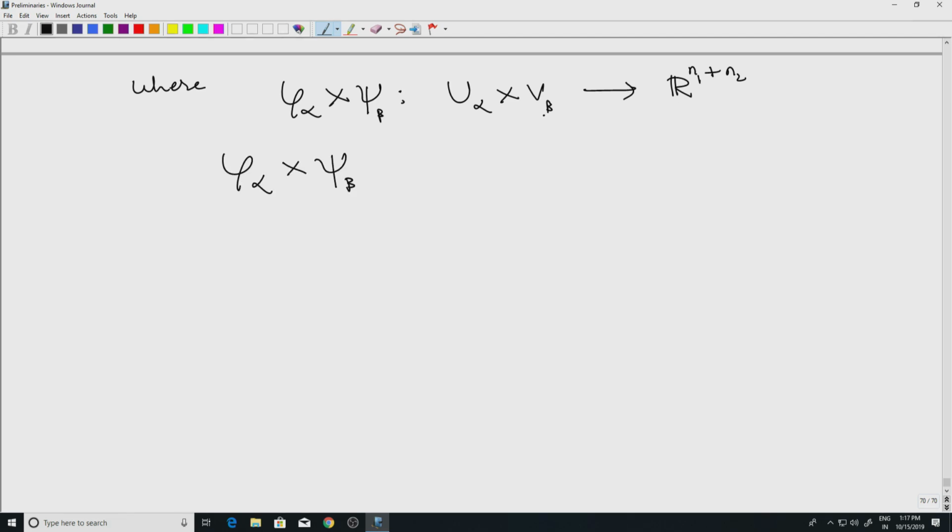I'll take (x, y), where x is a point in U alpha and y is a point in V beta, and just define it to be (phi alpha(x), psi beta(y)). So phi alpha(x) would be a point in R^n1, and psi beta(y) would be a point in R^n2.